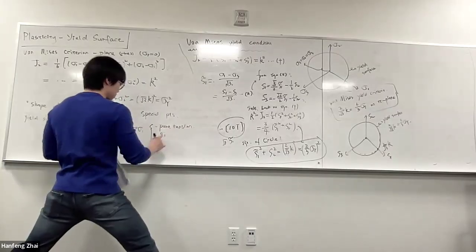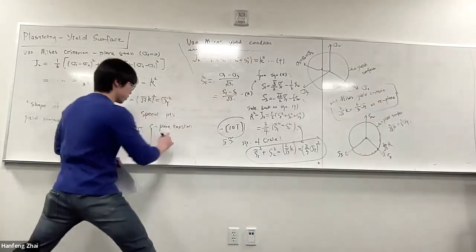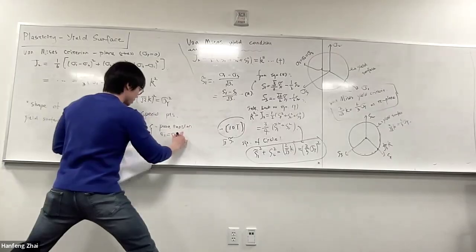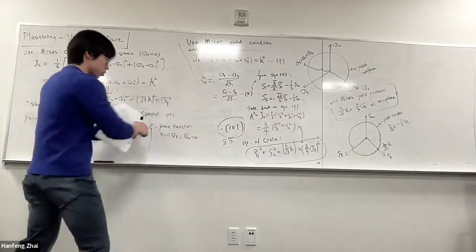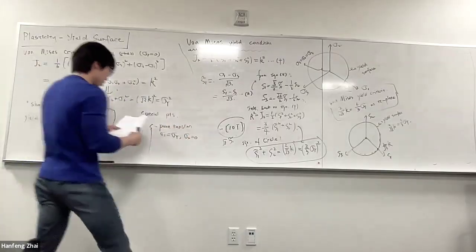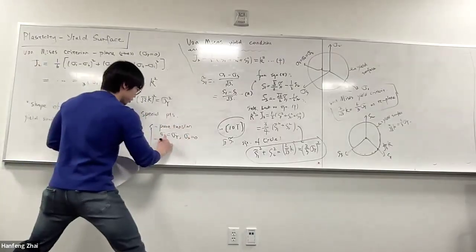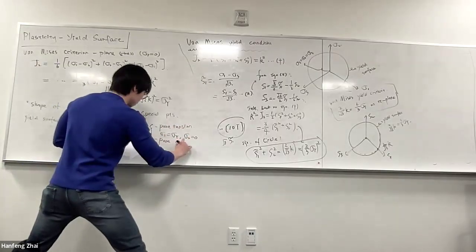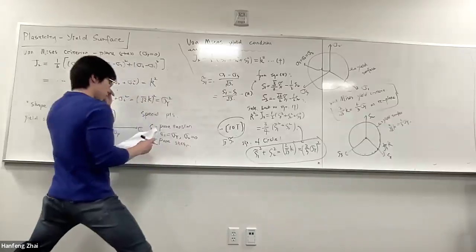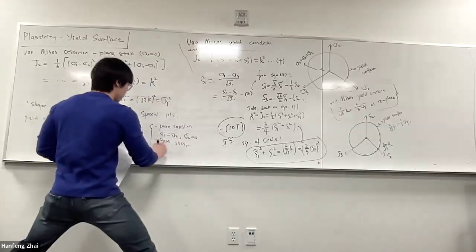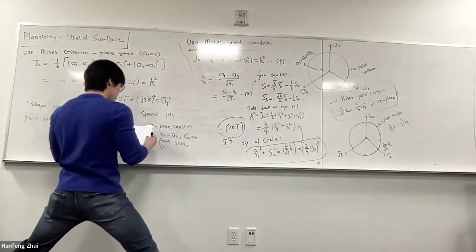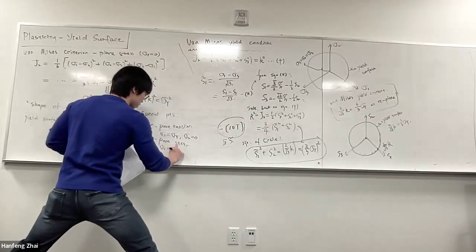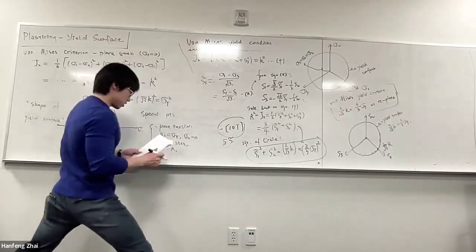Under the pure tension scenario, sigma 1 is the yield stress and sigma 2 is 0. You're stretching in the one direction. And under pure shear, sigma 1 equals k, by construction the square root of J2, and sigma 2 equals minus k.